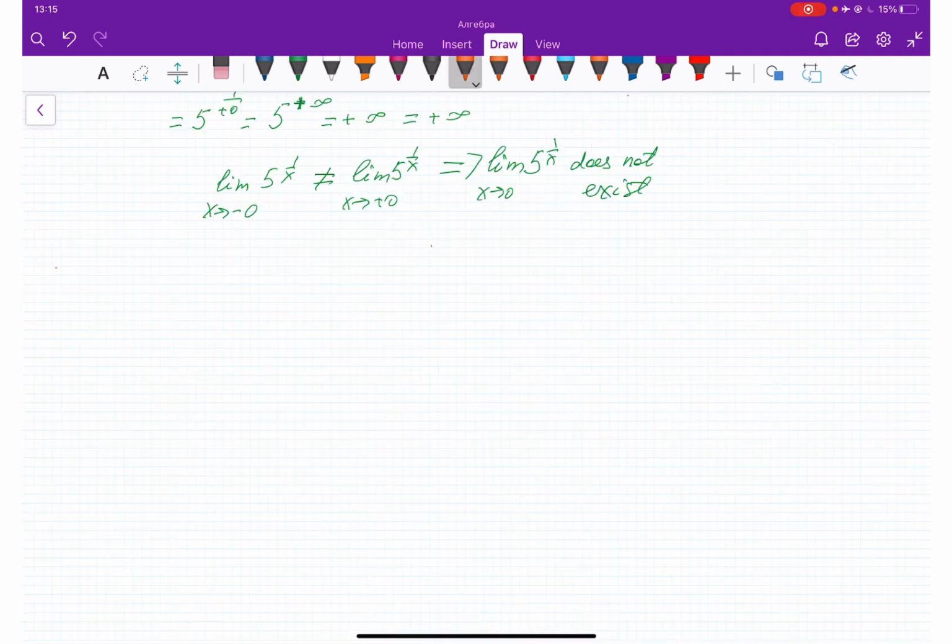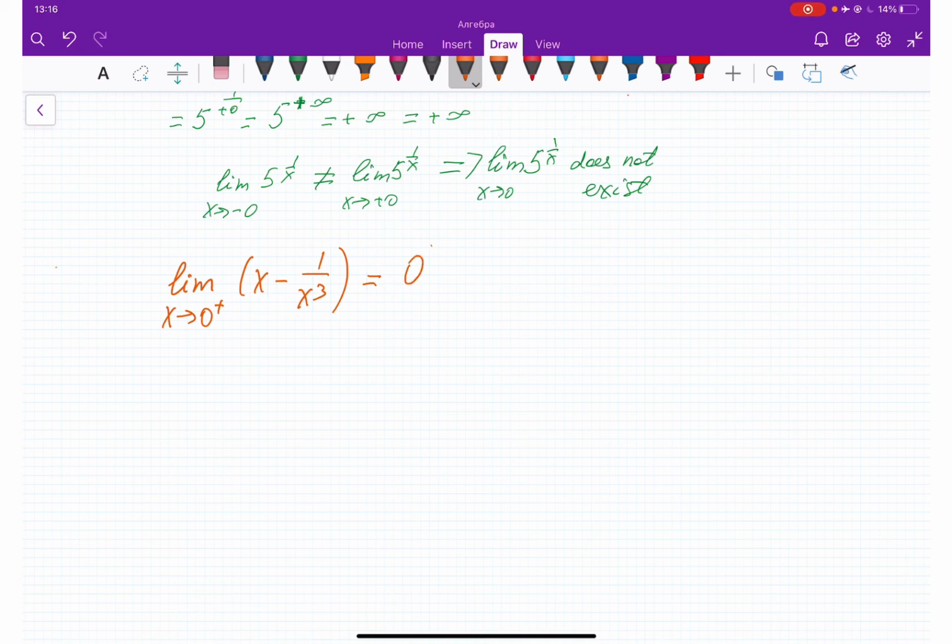Let's look at this example. Limit as x approaches 0 from the positive side of x minus 1 over x cubed. Okay, this is going to be equal, plugging in 0.